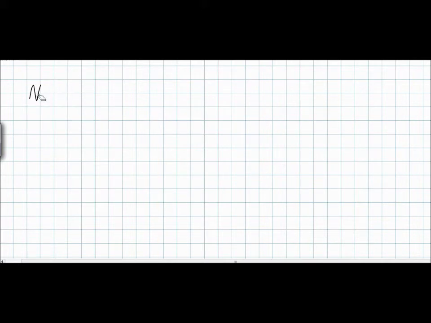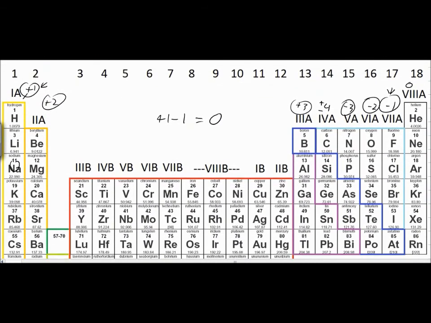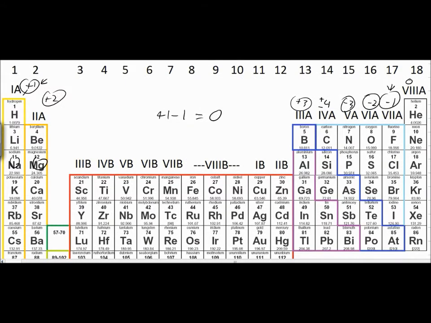And so then what we're going to carry on to do is try something where the charges are slightly different. Let's try magnesium and let's try fluorine, or magnesium fluoride. So we have Mg, which has a 2+ charge, and fluorine, which has a 1- charge.